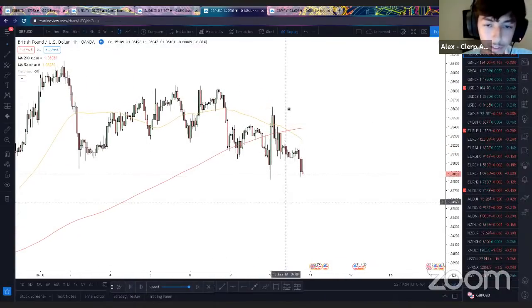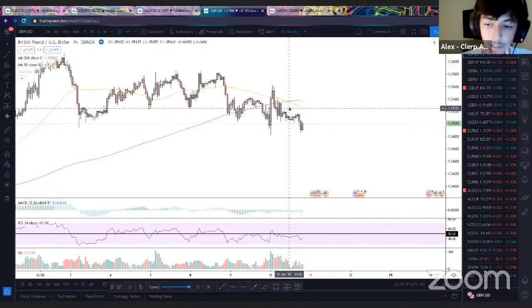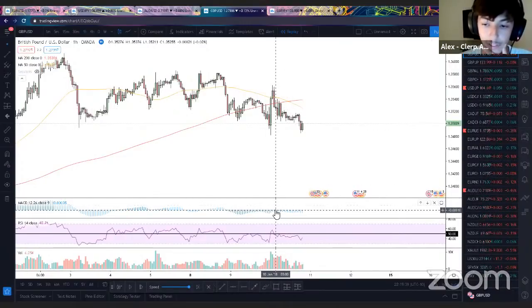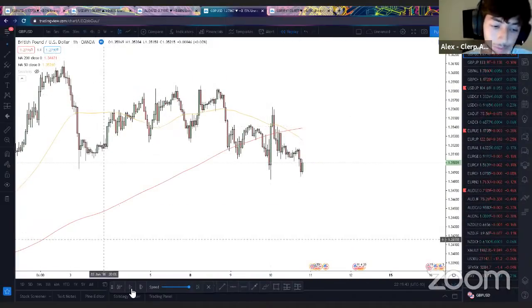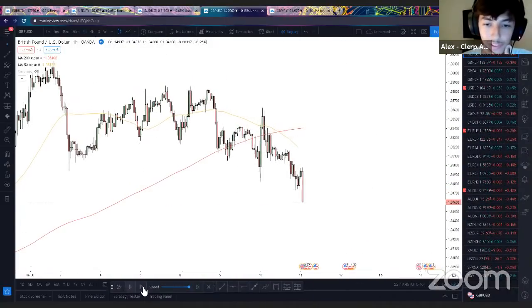Okay, so we get the crossover. Looking at the indicators, the MACD is below 0, as you can see. And the RSI is below 50. So now we just wait for the same thing. Pretty rinse and repeat.